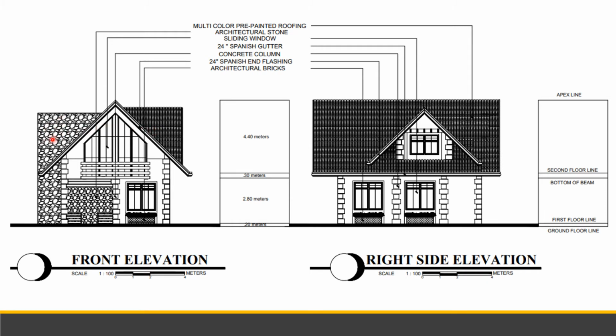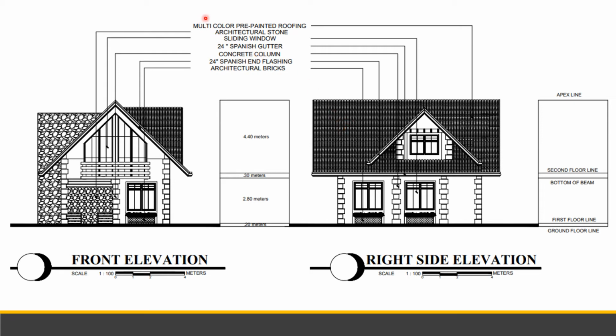Pwede din na i-apply mo na yung material na ginamit doon sa wall. For example, this wall, nagamit siya ng siguro mga stones, merong mga stone walls. And yung roof naman niya, ito yung material na ginamit, no? But there is also an indication, nakalagay kung ano yung material, kung pangalan ng material.